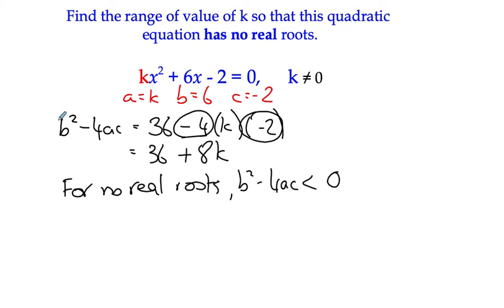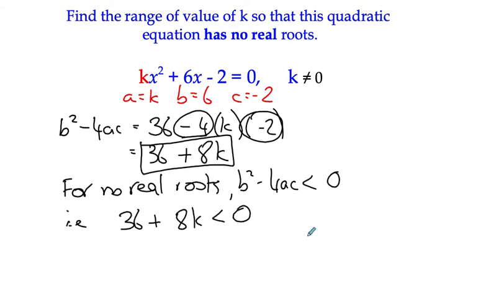So what we're saying is that b squared minus 4ac is equal to this expression here, and that is less than 0. So in other words, we can say that 36 plus 8k is less than 0. And if we take 36 away from both sides, we can say that 8k is less than negative 36.